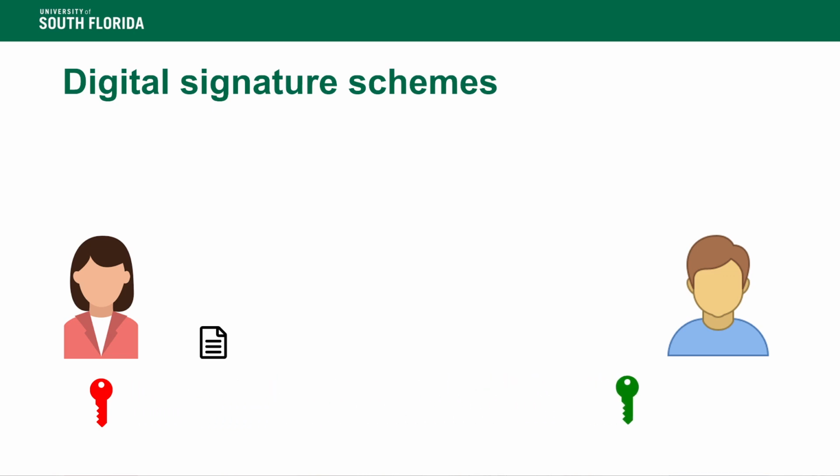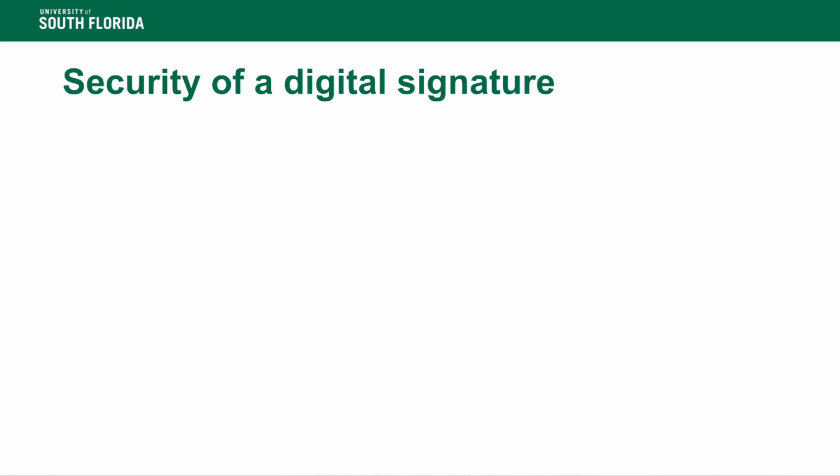The green key, which is public, is sent to the world. In particular, Bob is assumed to have it. Then with her private key, she derives a signature and she sends the signature together with the message to Bob. And then Bob, with the public key, can verify the validity of the signature and the authenticity of the message.